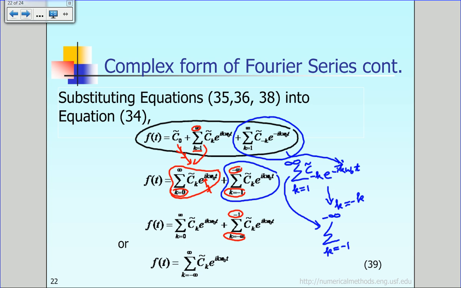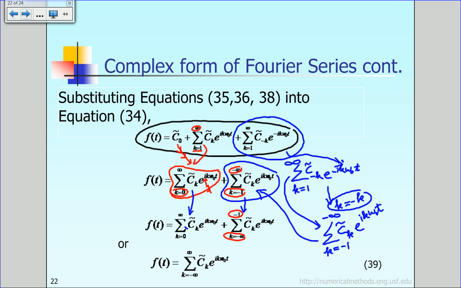And then C tilde minus k, if you make this substitution, it will become C tilde plus k, and then e to the minus k becomes plus k, and then omega naught t. And this is exactly this term. So now you can see the first summation, this term is here. The second summation, this term is here. And therefore you can combine these two terms together.